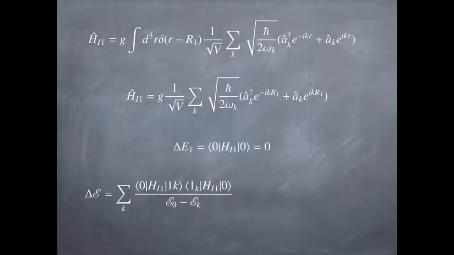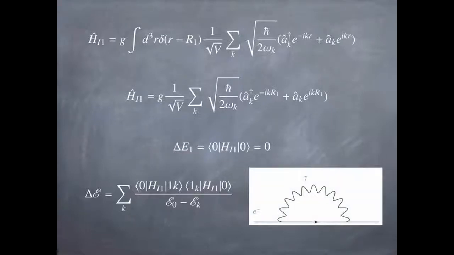Now I want you to think about this. This actually corresponds to an emission of a boson and the reabsorption of a boson. You can think of the <0|H|1k> as the emission process, and then the <1k|H|0> as the absorption process.